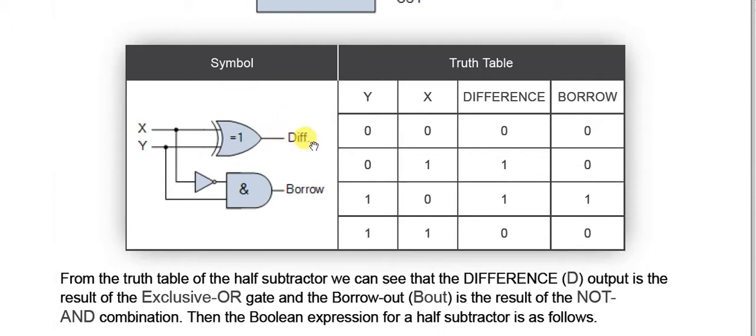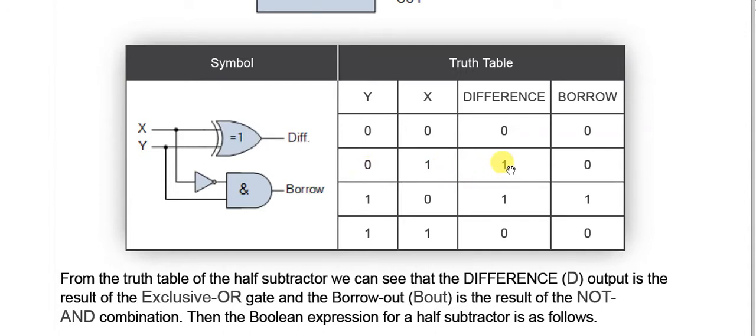Let's see now. 0 minus 0 is 0, and the borrow is 0. 1 minus 0 is 1, and the borrow is 0.